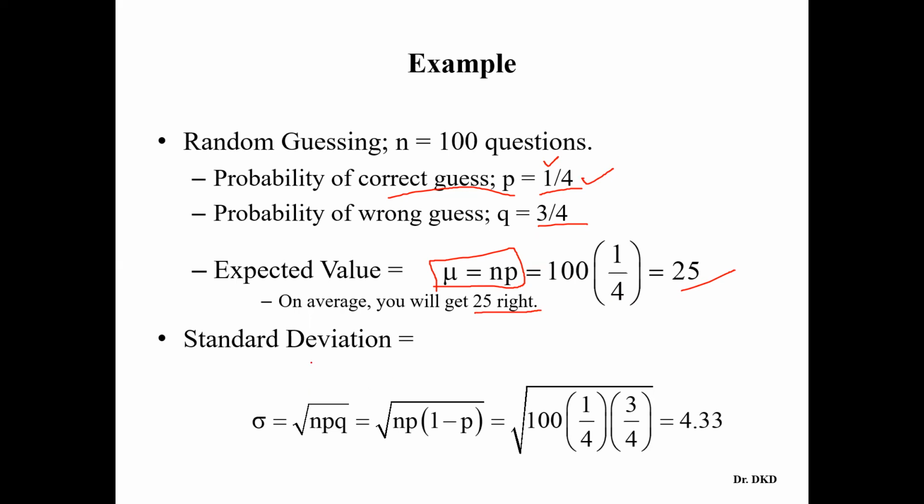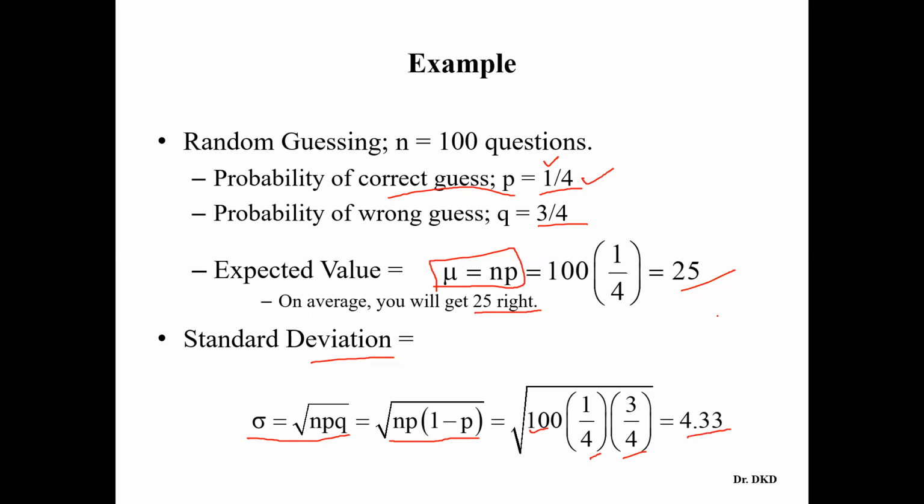And what would be the standard deviation of these questions? We know the formula, sigma equals the square root of npq. All values are given in the question: n is 100, p is 1 by 4, q is 3 by 4. So sigma is 4.33.